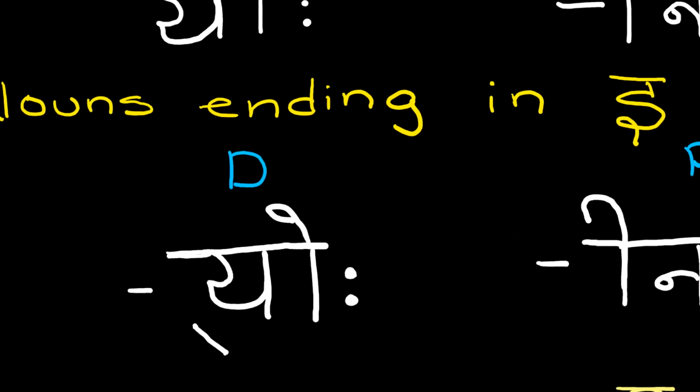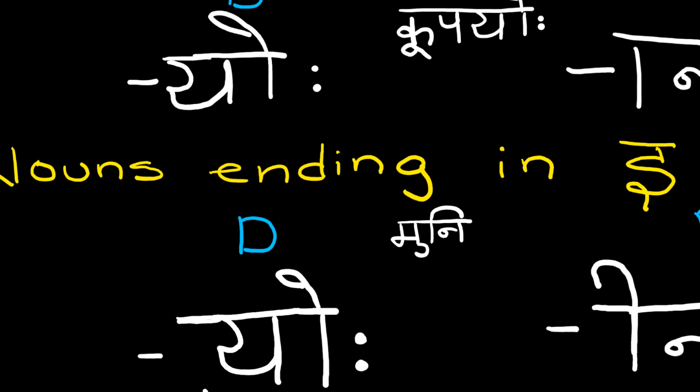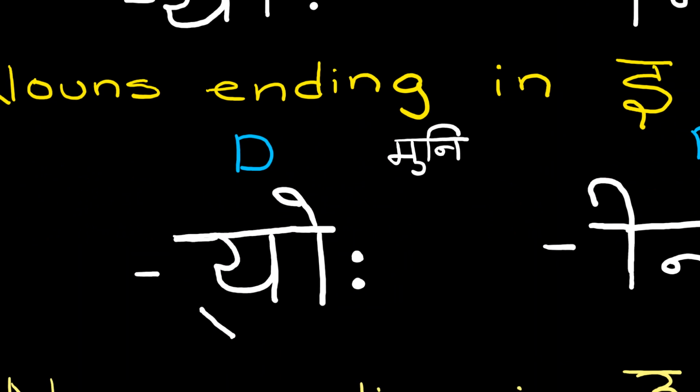But for nouns ending in i, an example is muni. Notice that in kupa yoho, the a still remains when you're adding the case ending yoho. But for nouns ending in i, we're not keeping our vowel at the end.